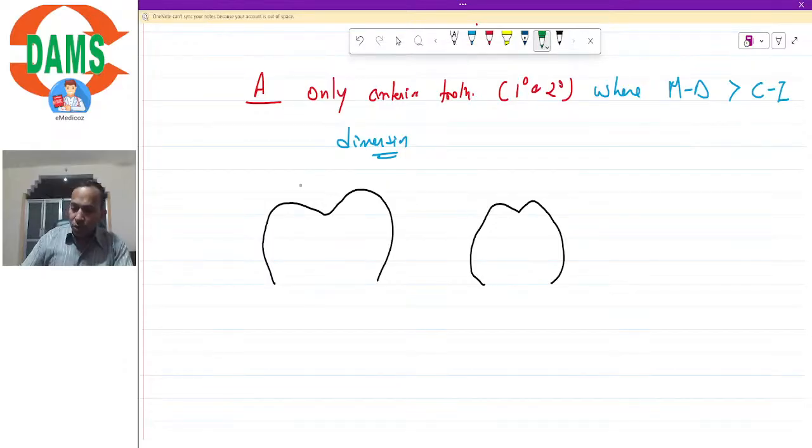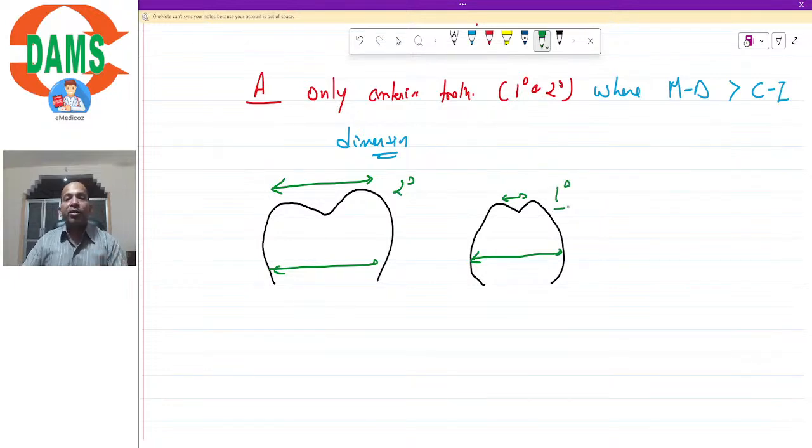Can we say that the occlusal surface on permanent is wider as compared to the occlusal surface of the primary dentition, isn't it? Another thing that you would notice is that the cusps are more prominent, or the occlusal anatomy is more prominent on permanent dentition. The occlusal table is deep on permanent dentition.